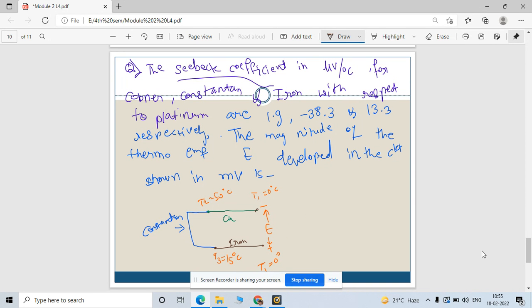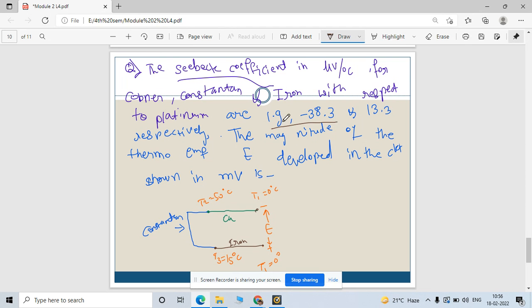What is given to you in this? Temperature is given to you. Sensitivity is also given to you, for your materials. So you need to find out the sensitivity at these junctions. How do we find the sensitivity for those junctions?